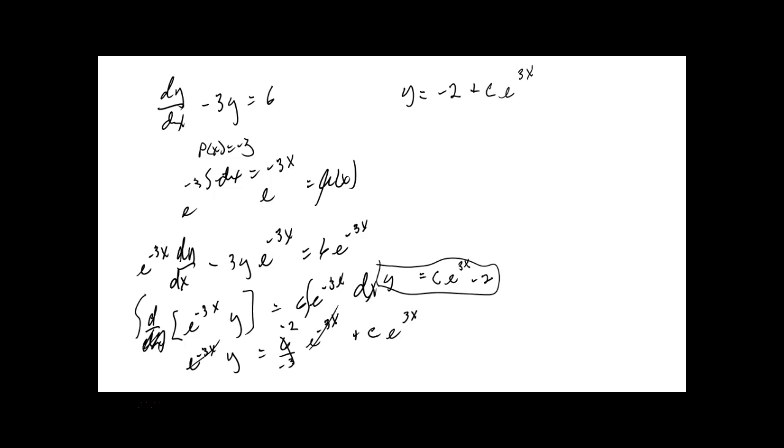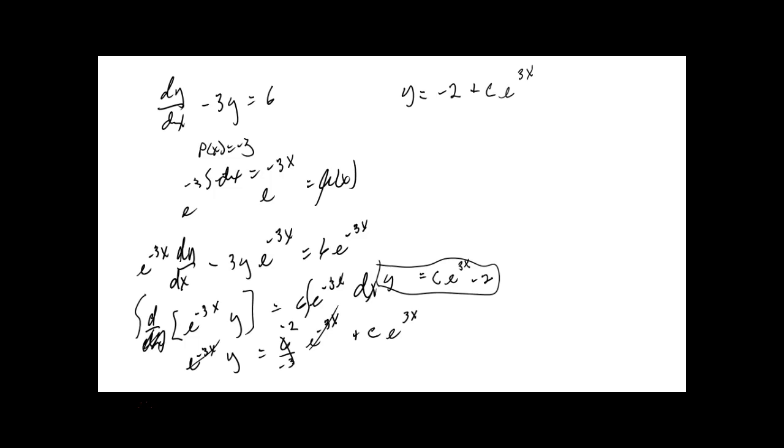I'm at e to the negative 3x, I guess the one above it. We integrate, or like... Okay, yeah. What we did, we verified that this was a perfect derivative. That this is the derivative of that product. Okay?